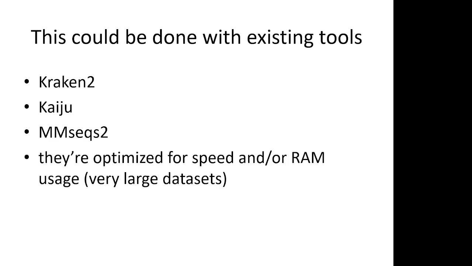These surveys could be done with existing tools. I want to be very clear from the outset about that. So I list here a few: Kraken2, Kaiju, MMseqs2. But these tools are optimized for speed and or memory usage for very large data sets. They're excellent for a general profile of the microbes that you have in any given data set.